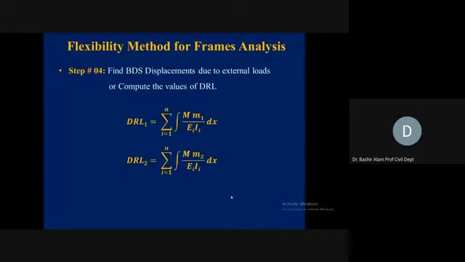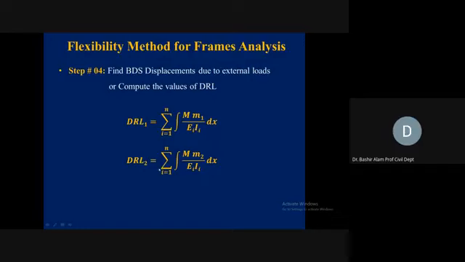Step number 4, now here you need to find out the DRL1 value, since you already have the capital M value and the small m1 value. DRL1 is the displacement corresponding to AR1. It will be the summation over all members of the integral of capital M times small m1 divided by EI dx.